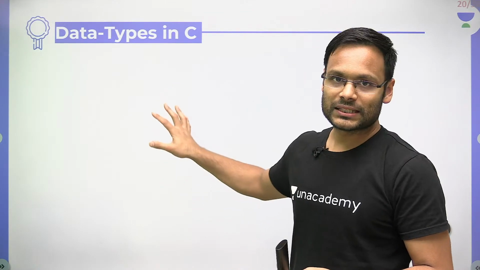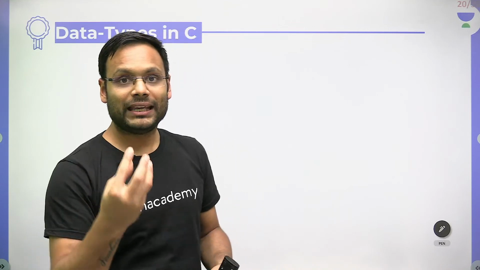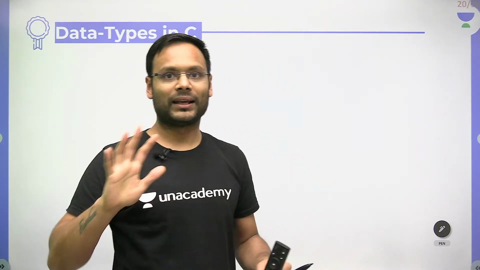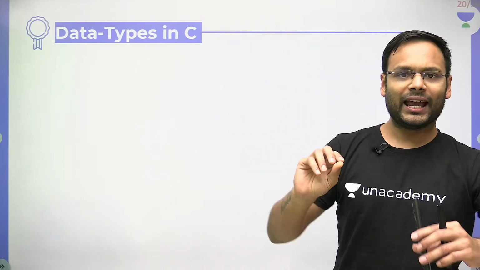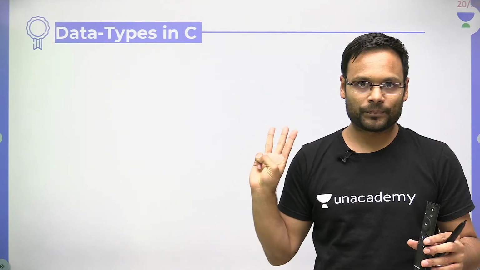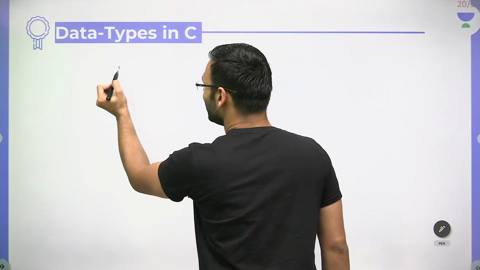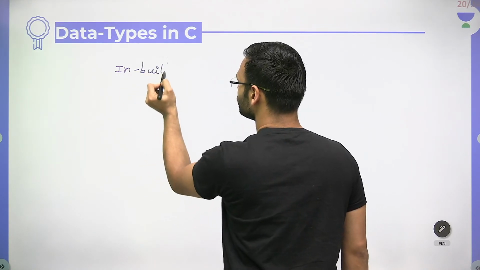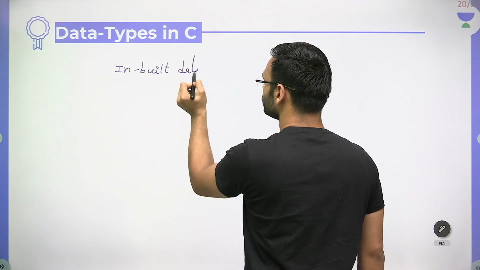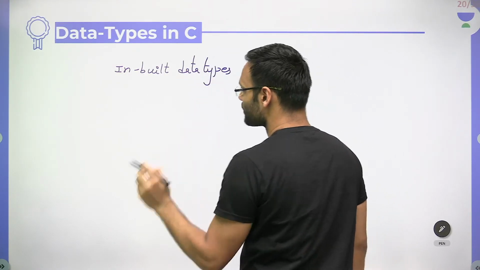What are the data types in C? What kind of data can we store in C programming language? Basically, we have three inbuilt data types.